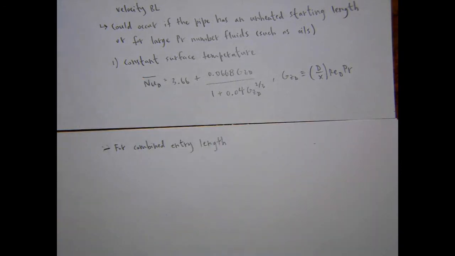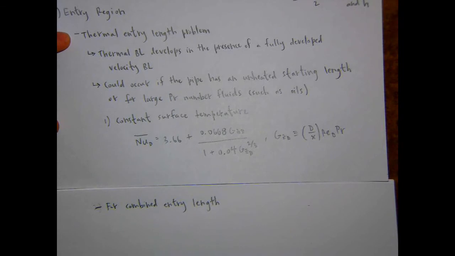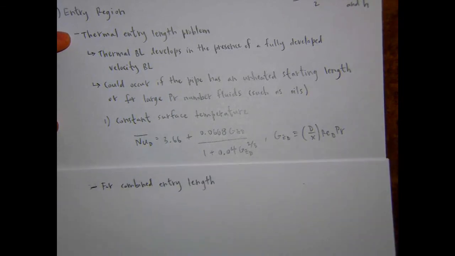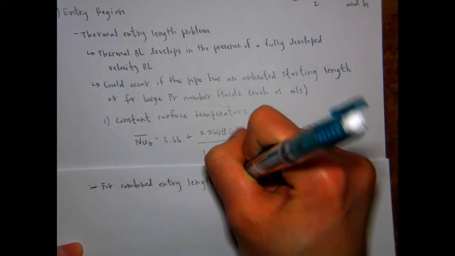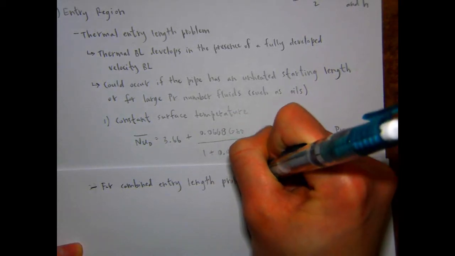So we've got the thermal entry length problem where just the thermal boundary layer is developing, and then the combined entry length problem where both boundary layers are developing at once.